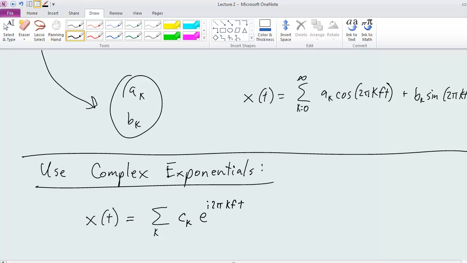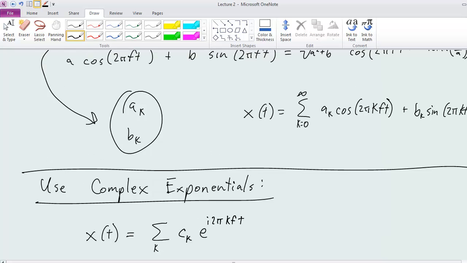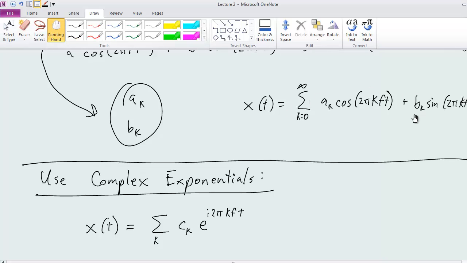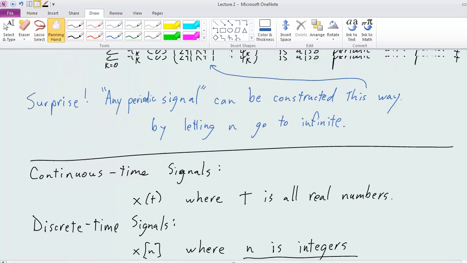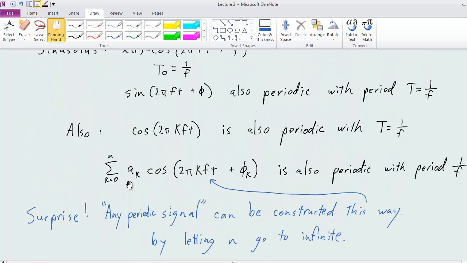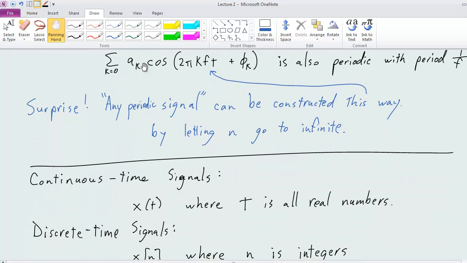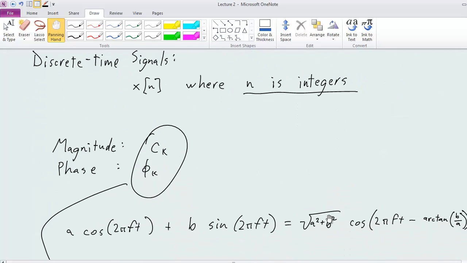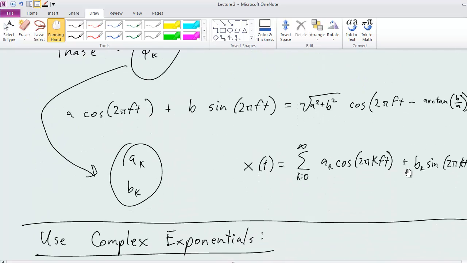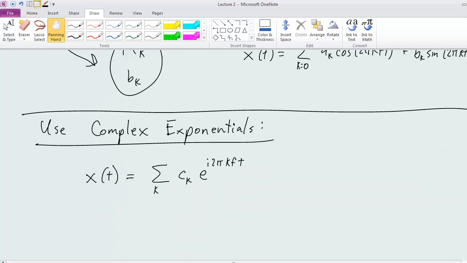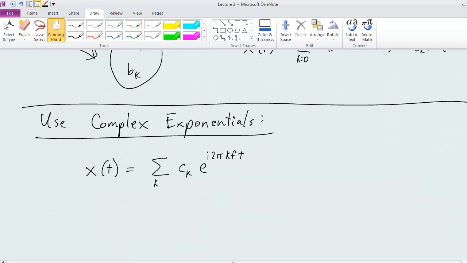So instead of trying to decompose x of t into a sum of sines and cosines, here we wrote it one way where we have unshifted sines and cosines, and here we write it where we have magnitudes and phases of cosines. We've already discussed that these are equivalent. But now we're going to see we can actually use complex exponentials instead.